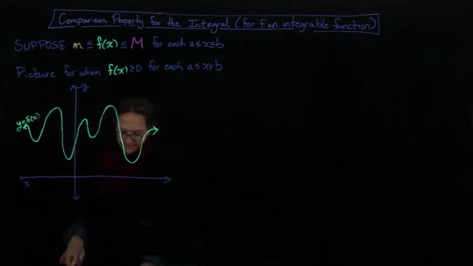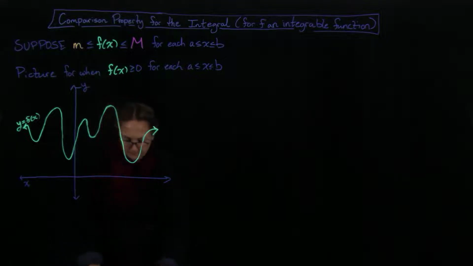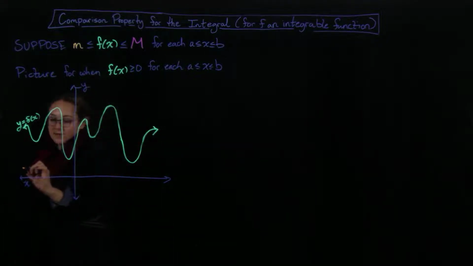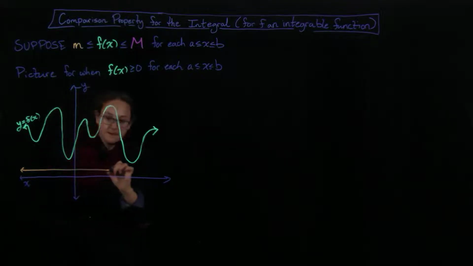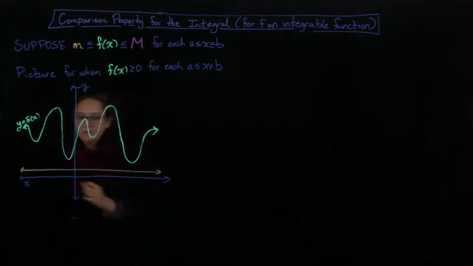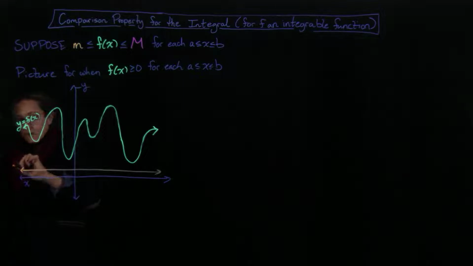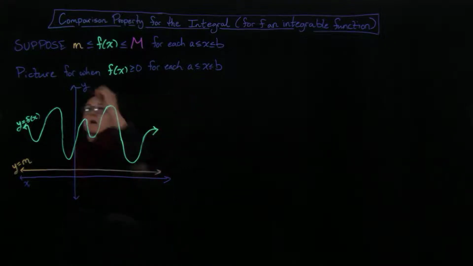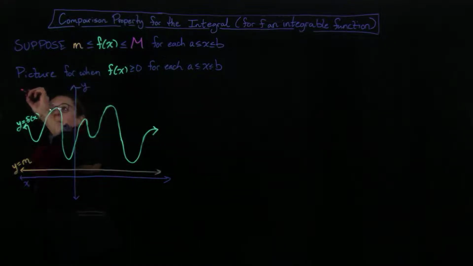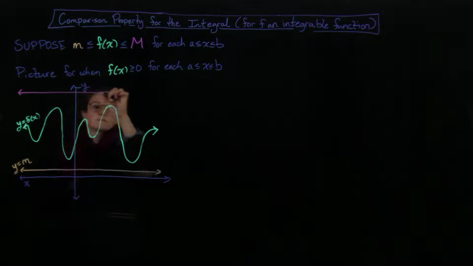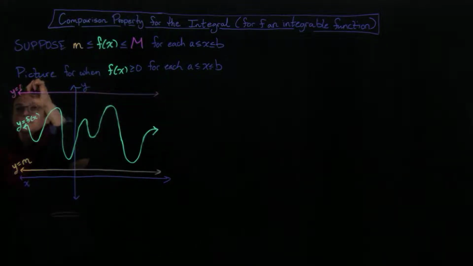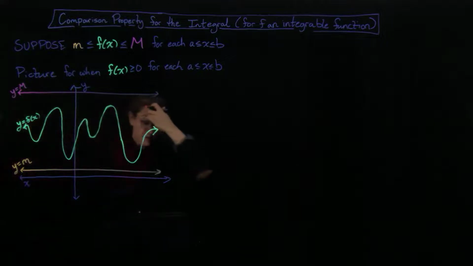And then this is going to be between, so on the bottom, it's always above y equals little m, and it's always below y equals big M. Well, what do we know about these areas?